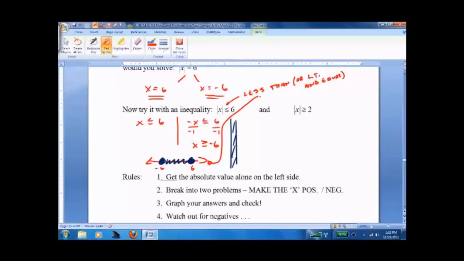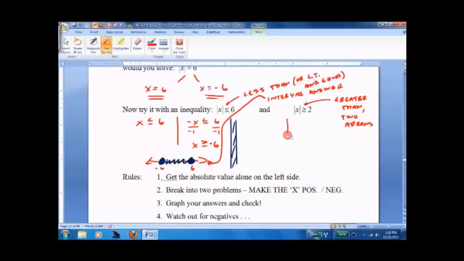You're going to have bracketed answers, or an interval answer. Whenever you have a greater than, you'll have 2 arrows. And let's see if I'm correct.